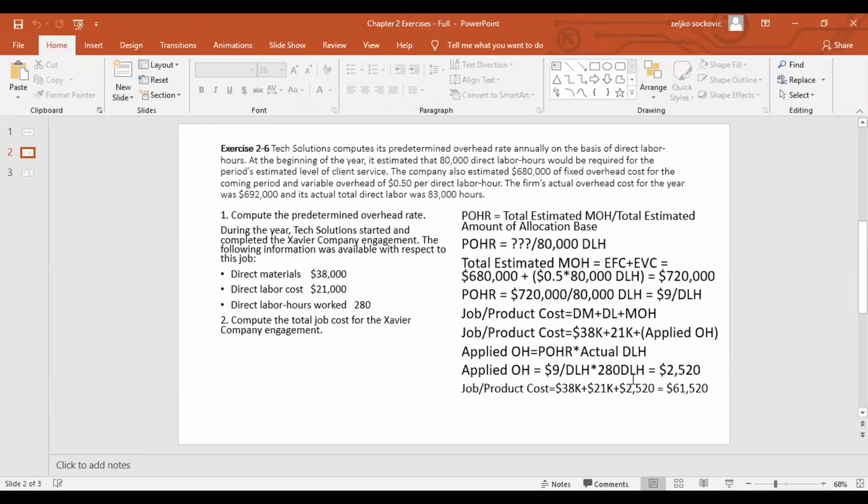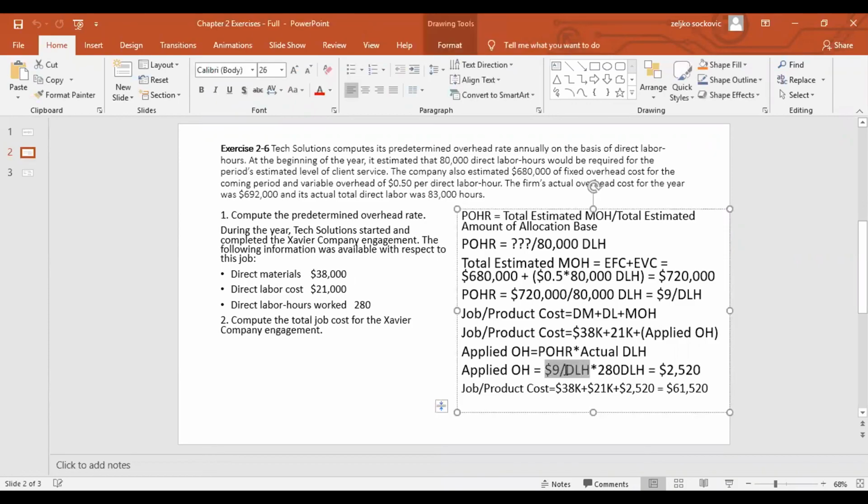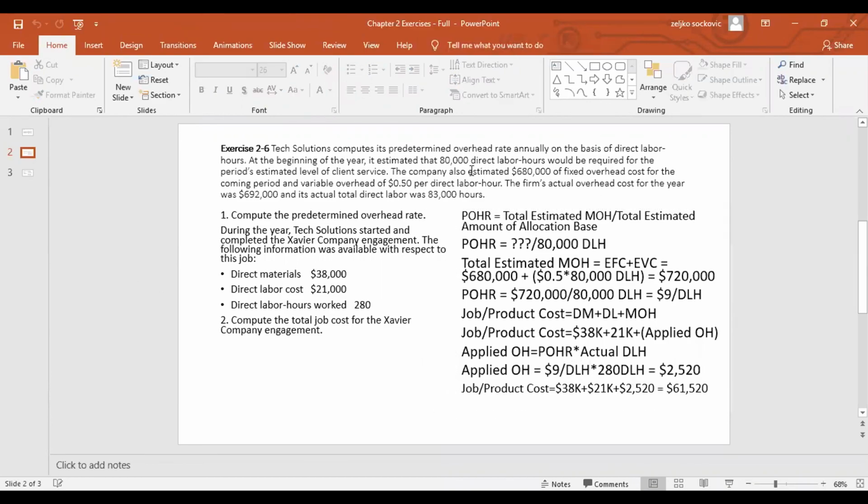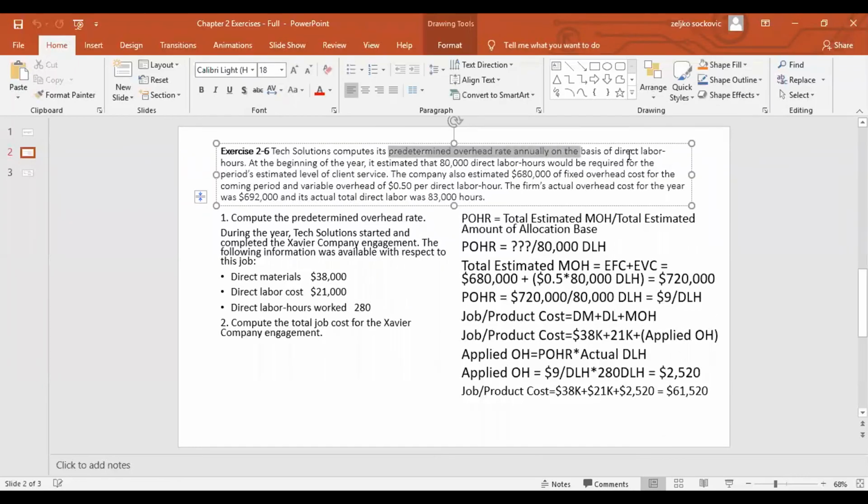You're keeping track in your mind that direct labor hours is your allocation base. You might be given machine hours, labor hours, whatever, and you have to read carefully; it says the predetermined overhead rate is based on direct labor hours.